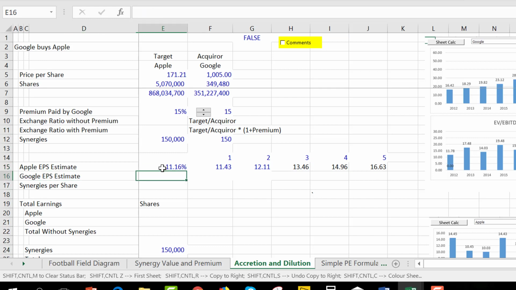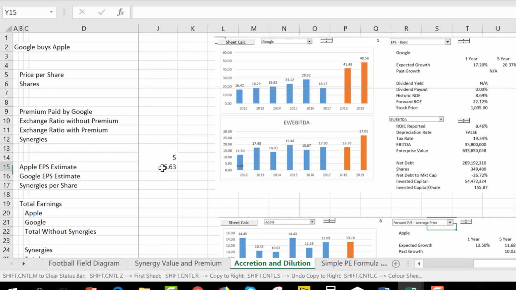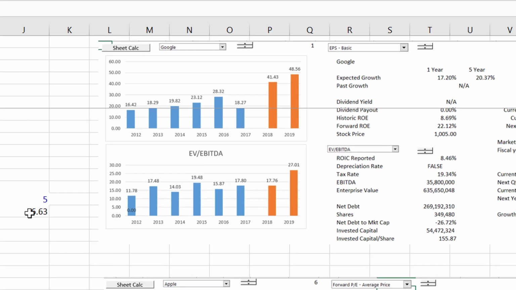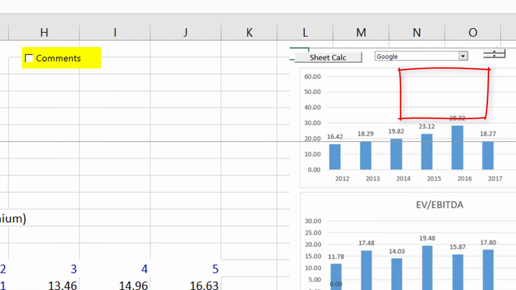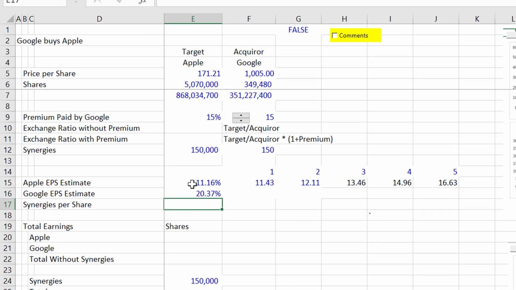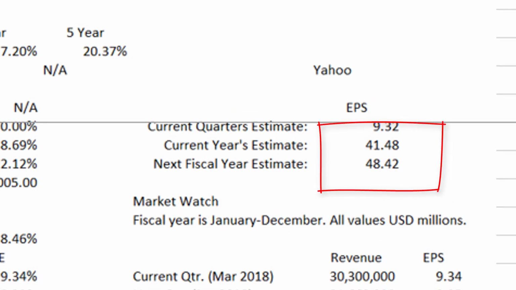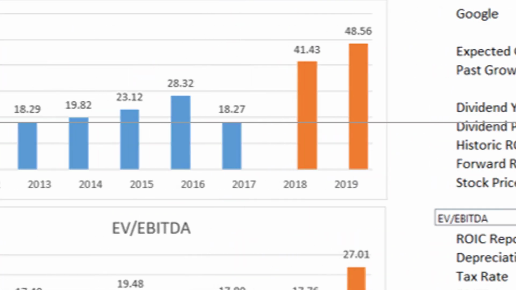So that's Apple. Now Google, they are going to grow by 20.37%. So we kind of started to see the issue. And then Google is going to have earnings of 41.48 first.